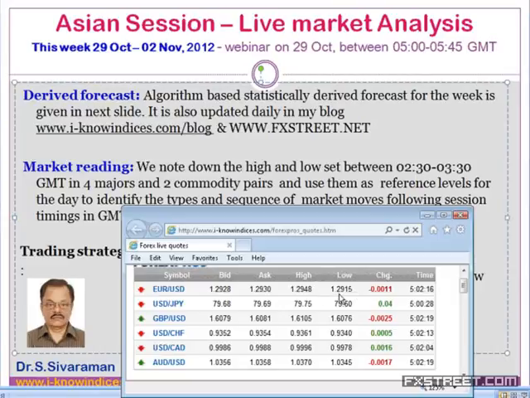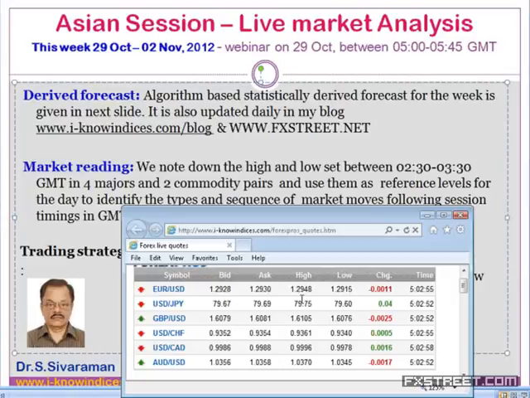This high and the low around 3:30 GMT we make a note of on a daily basis and try to find out where the market is staying from time to time during the day, and try to understand what sort of moves they are trying to do, either going below that of the initial low or going above that of the initial high, or consistently staying below the initial low or above the initial high, or they just make a brief downward move below the low and then go up, or a brief upward move above the high and go down.